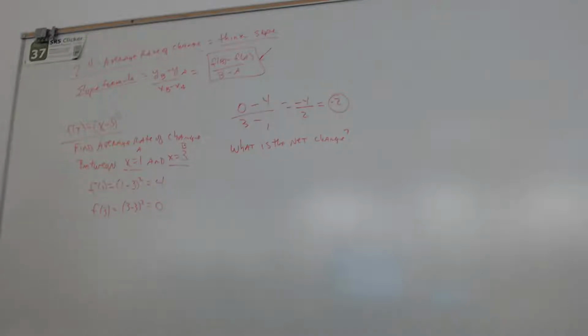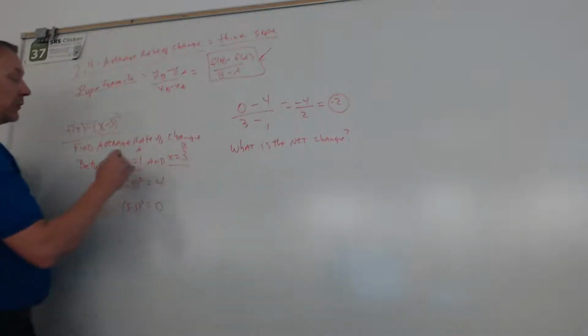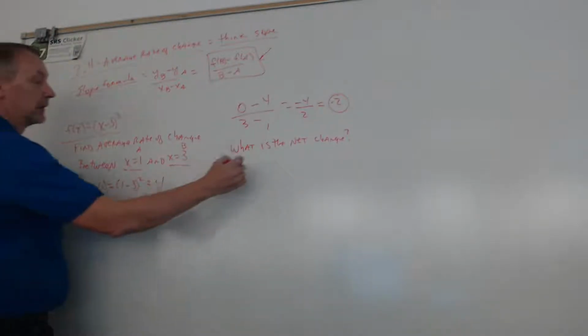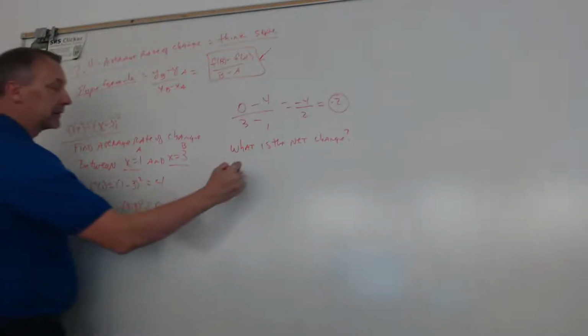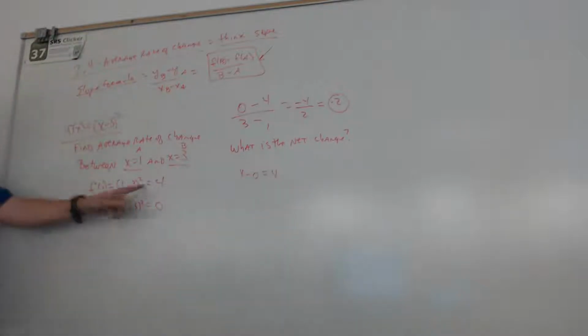Jackson. Net change between 1 and 3. So you just plug in negative 2? No, we've actually already done most of the work. So the net change between 1 and 3 is just basically 4 minus 0. That's your net change.